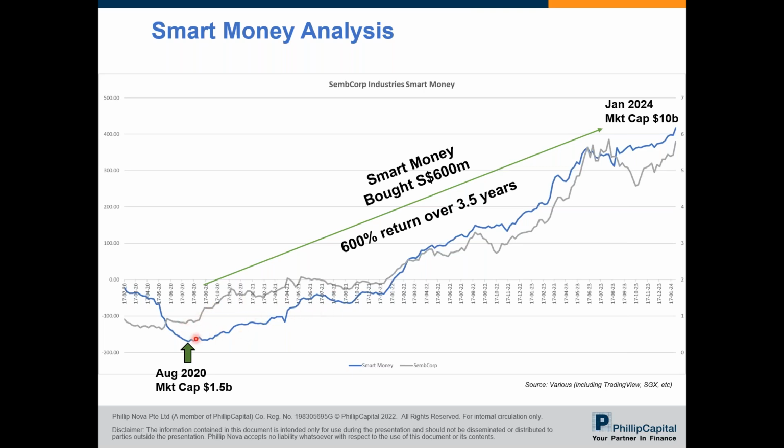And Sembcorp Industries had always been a very stable company generating very stable business and cash flow. But because it is a major holder of Sembcorp Marine, which has suffered greatly due to its business being in the oil and gas, and at that time the oil price wasn't doing so well.